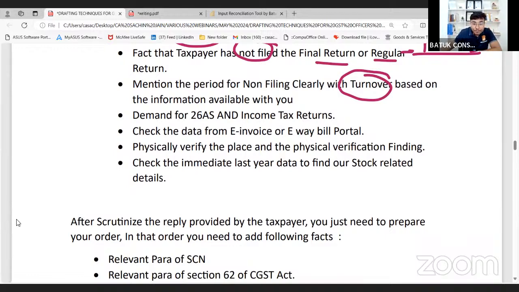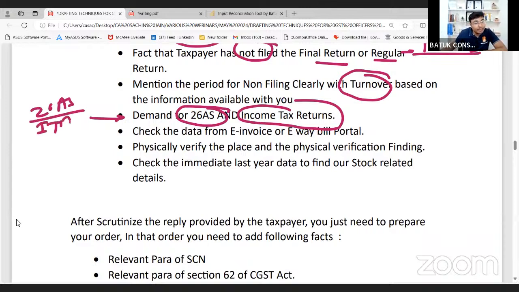You also need to demand the 26AS and income tax return, so that if you believe this income is not yours, then you just need to provide the 26AS and IT return so that we can take the confirmation as well. So when you will issue your best judgment assessment under section 62, or when you are raising the demand, at the same time when you will issue the show cause notice, you just need to demand certain further confirmation related documents as well.